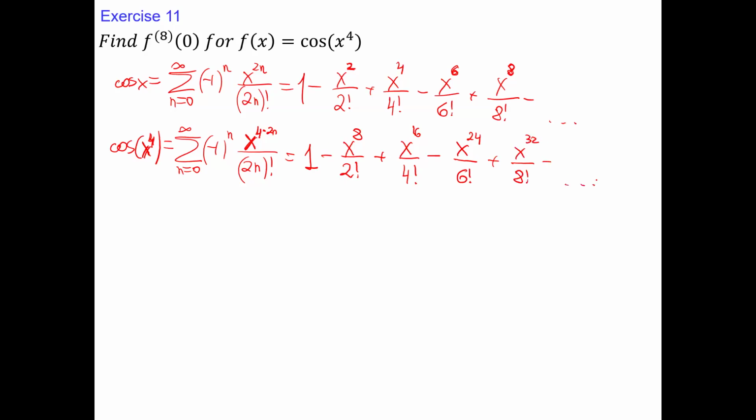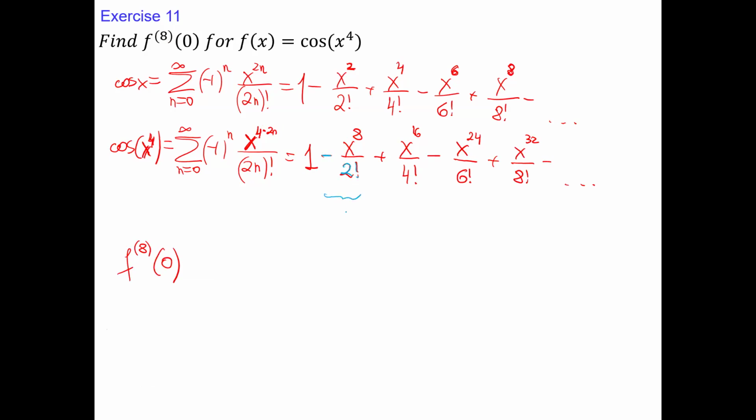Okay, and now what we need is a coefficient, because we need to find the 8th derivative at 0. I will not copy everything. If x is taken to the power of 8, the coefficient is negative over 2.